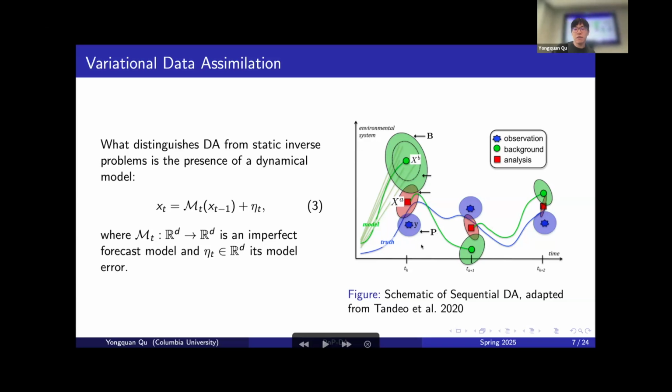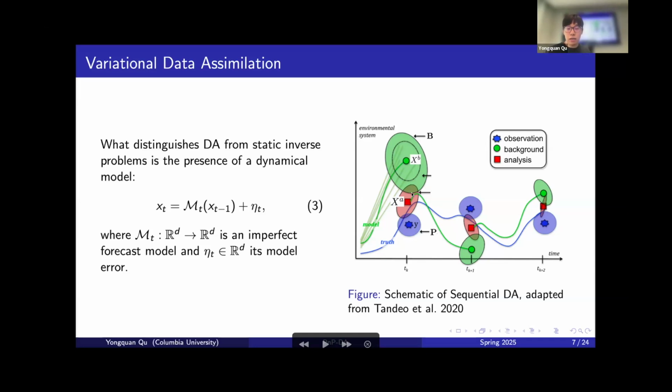So even if you start from the true state, the prediction will drift away from the underlying system. At every time step when we have an observation, we try to solve a static inverse problem with the background, which is the prediction generated by this imperfect forecast model, and some observations. We try to find the analysis as a better initial condition for the following prediction.